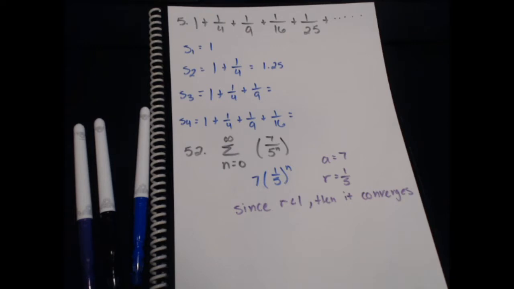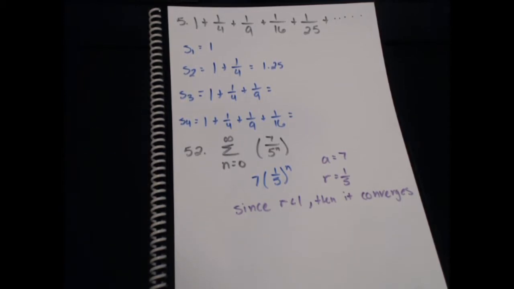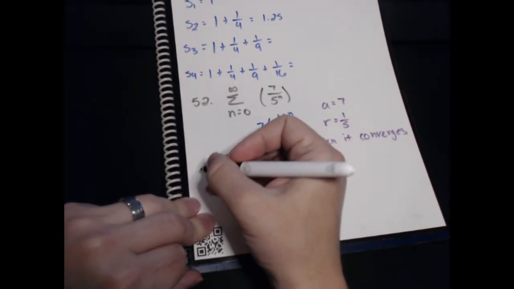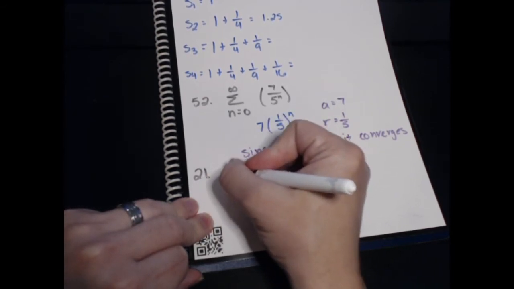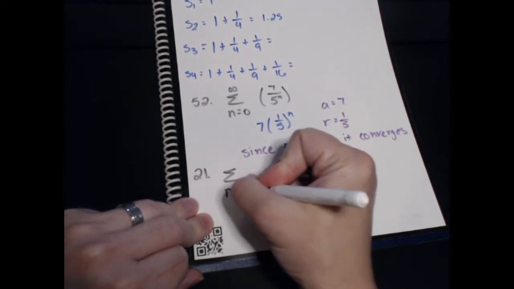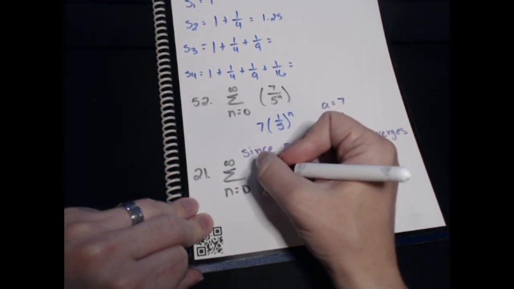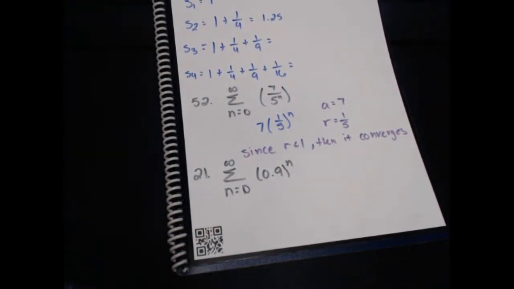We're on 21. Wait, what's 21 look like? Look at 21. On 21, you have the summation of n equals 0 to infinity of 0.9 to the nth power.